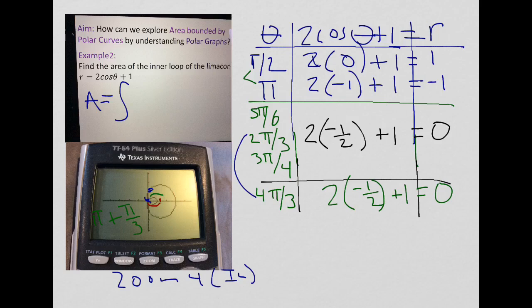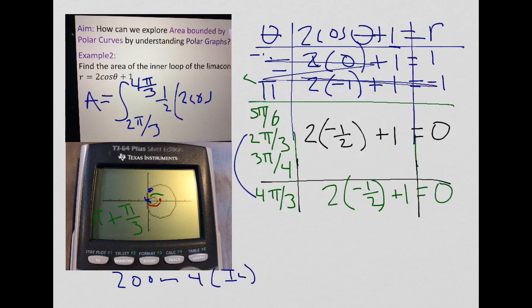And that's it. Once you have that, that is the hardest part of the whole problem. Because then all you need to do is plug in the 1/2 and plug in the function. r was 2 cosine of theta plus 1, squared, because it's 1/2 r squared d theta. I'm going to need space, so let me erase a little bit here. There we go.